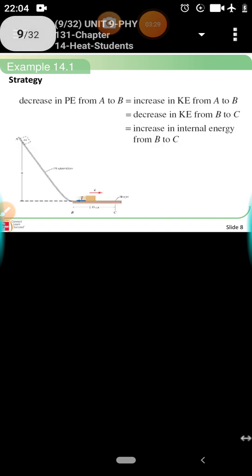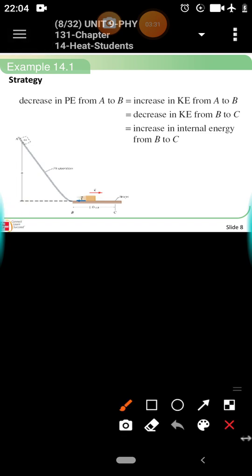Here they say there's a decrease in potential from A. When an object is higher up, it has a higher potential due to the height, and when the height decreases, so does the potential energy.